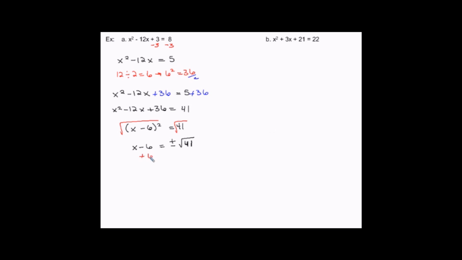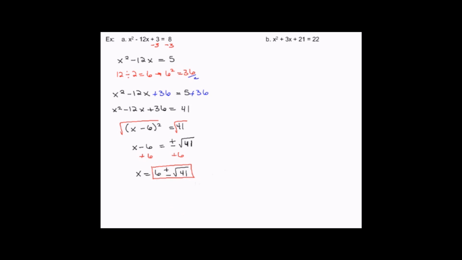I'll add 6 to both sides, and I will get x is equal to 6 plus or minus the square root of 41. And this is actually a perfectly acceptable answer unless you're told to give your answer to the nearest tenth or hundredth, something like that. You can leave this just exactly like this.